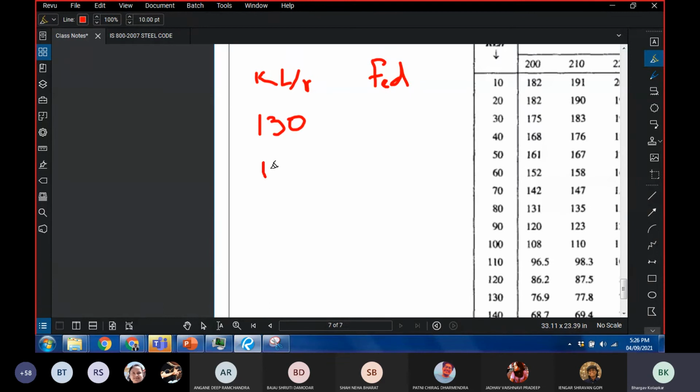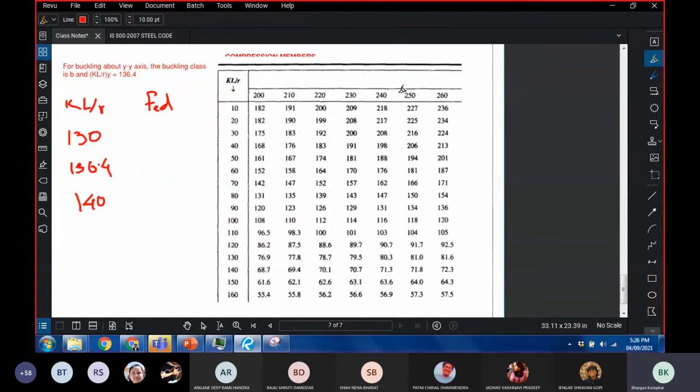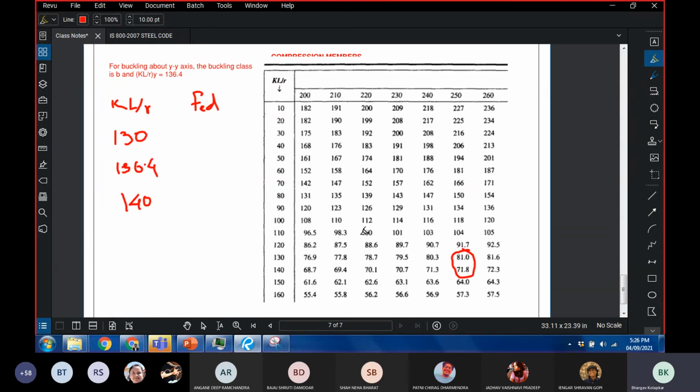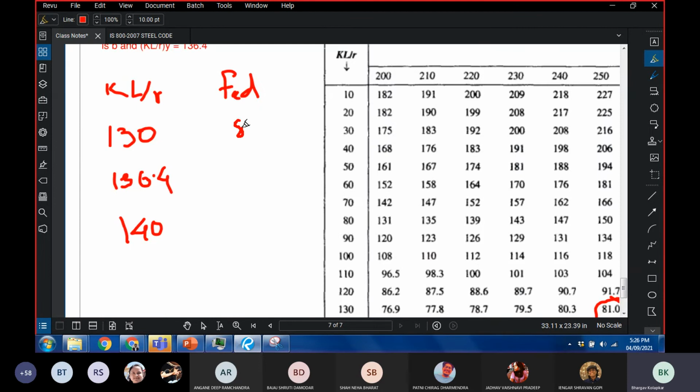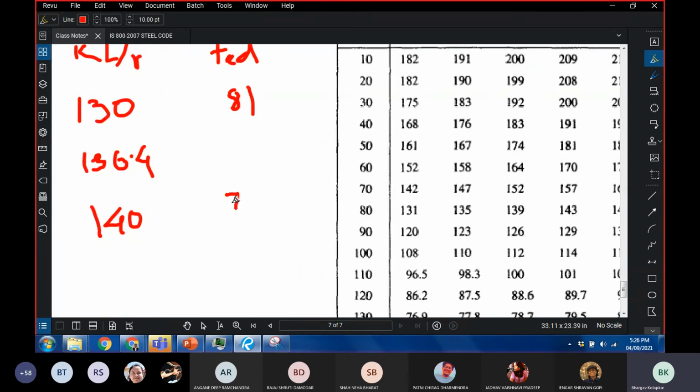So 130, and this is 136.4, this is 140. For Fy 250, 130 corresponds to 81 and 140 is 71.8. So this is 81, this is 71.8.